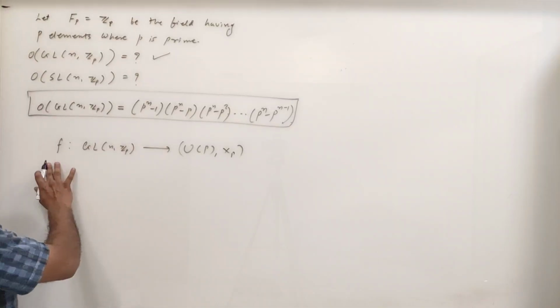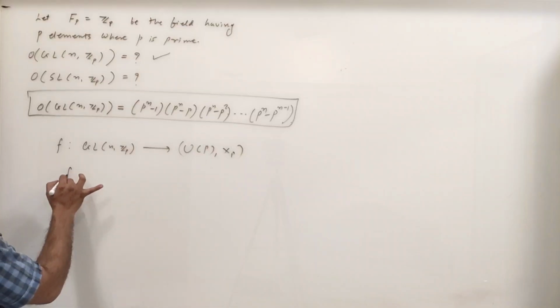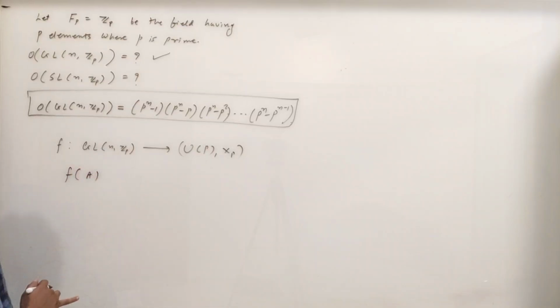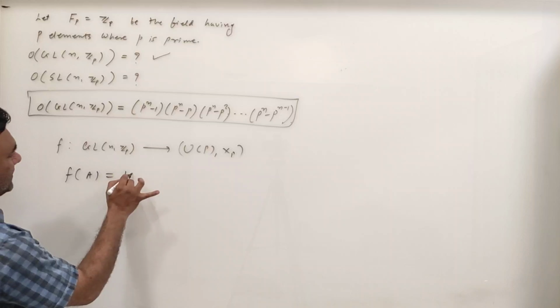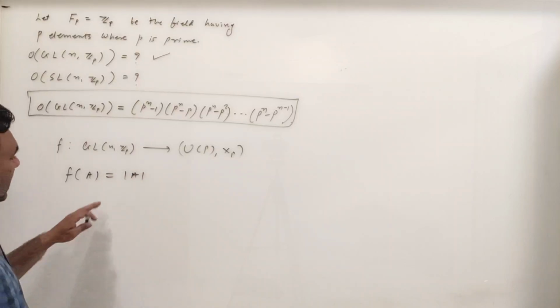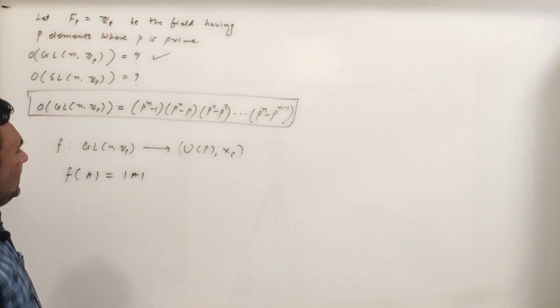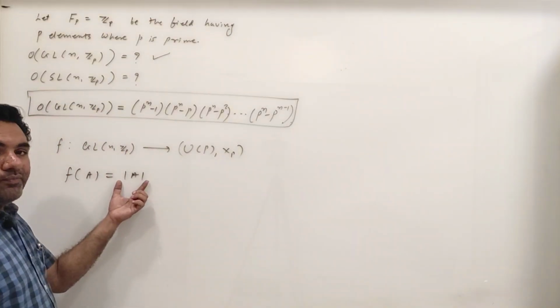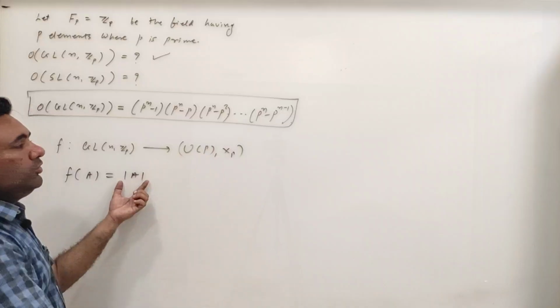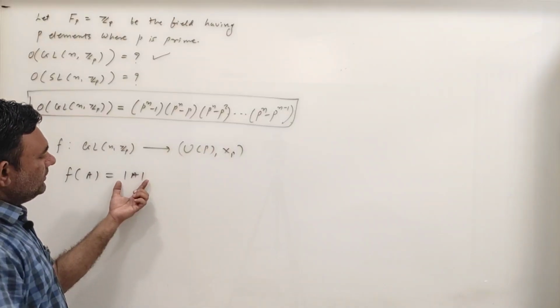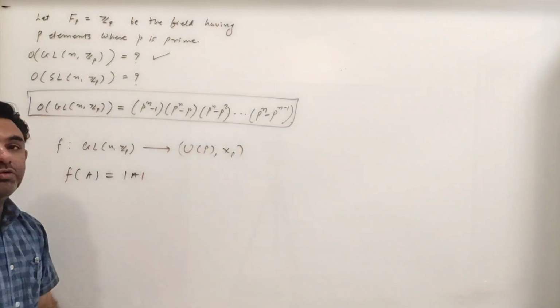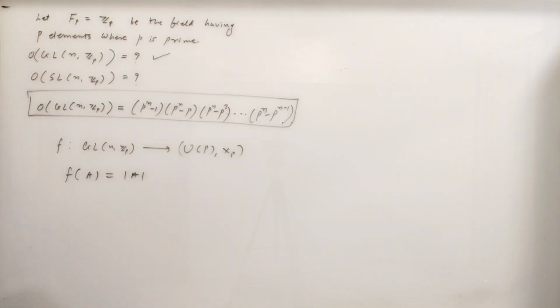Okay, so now you define a mapping from here to here. F of A, for A an element of GL_n(Z_p), is just the determinant of A. Whenever you find the determinant, again you use arithmetic modulo p, and the result will be an element of U_p. So this mapping makes sense, right?